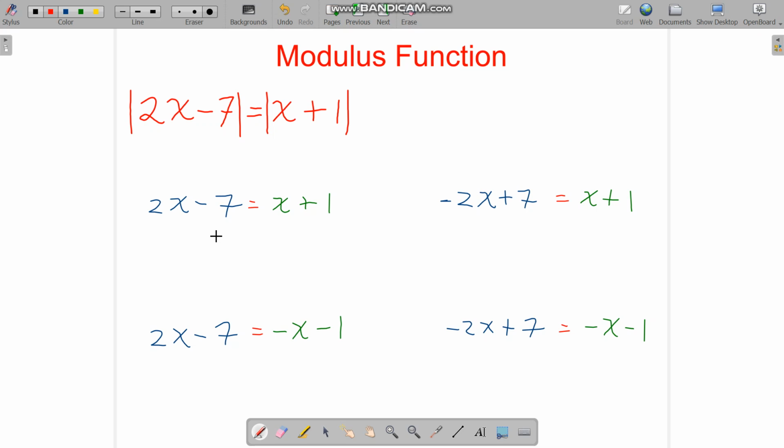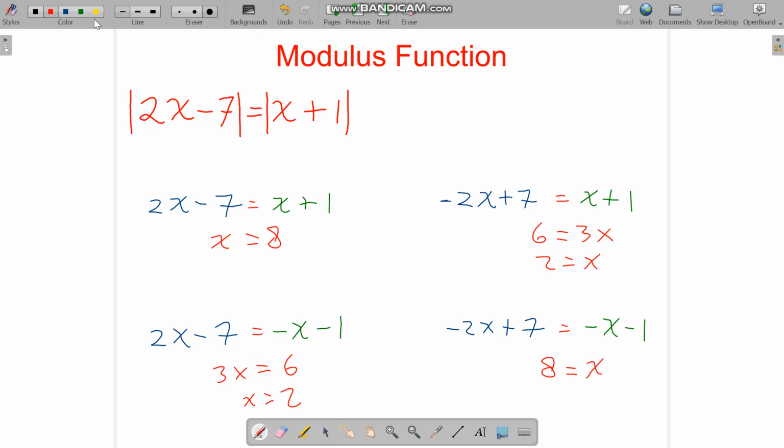From the first one we get x equals 8. From the second equation we have 3x equals 6, so x equals 2. And from the one on the top right here we have 3x equals 6, so x equals 2 again. And the last one we have x equals 8.